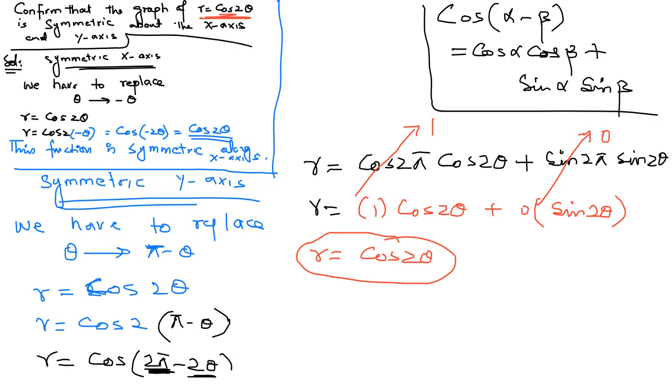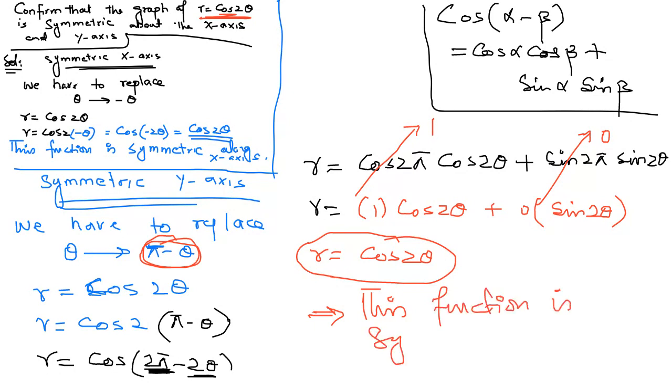So if I change this theta into pi minus theta, the result is same. So you can say that this function is symmetric along y-axis. Is this clear?